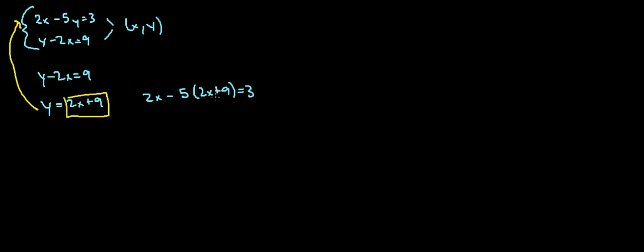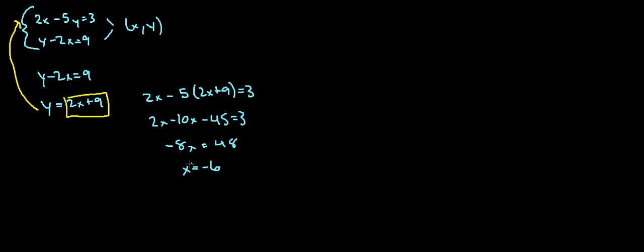Now I have an equation written in terms of just x, and now it is a very, very simple algebra problem because there's only one variable. So now I have the x-coordinate of the solution of this system of linear equations.